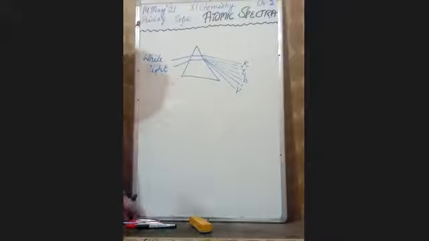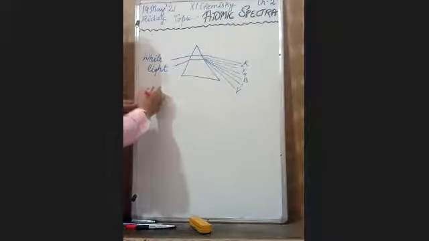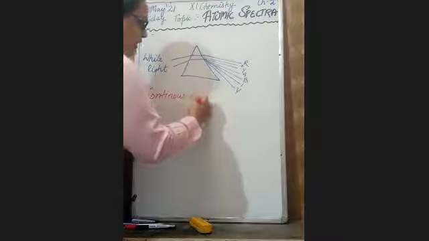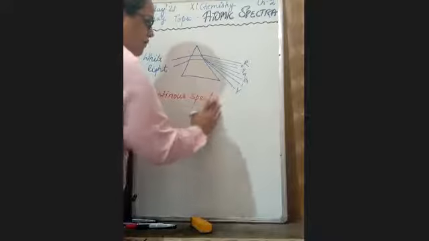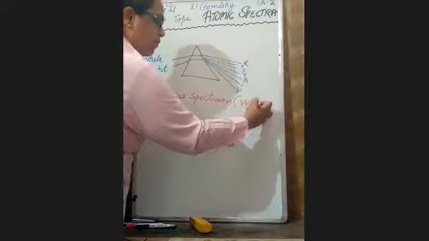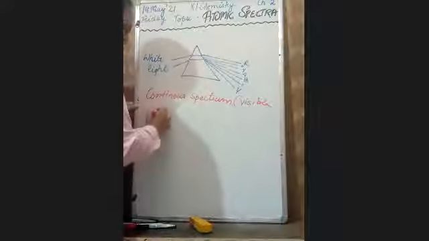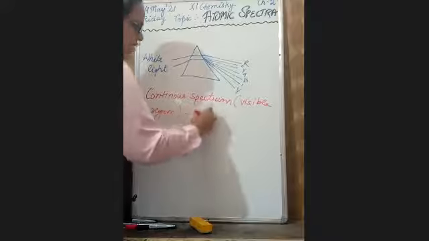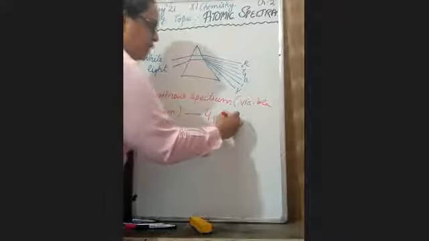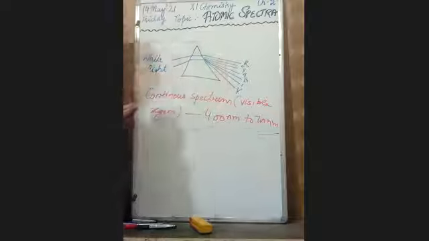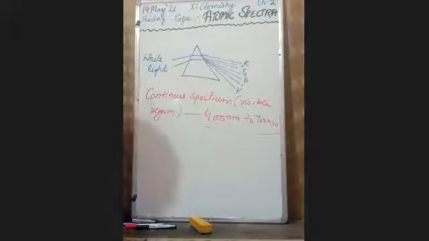First, you should know what white light is. White light is a continuous spectrum present in the visible region, whose wavelength is 400 nanometer to 700 nanometer. How can we say that it is a continuous spectrum?